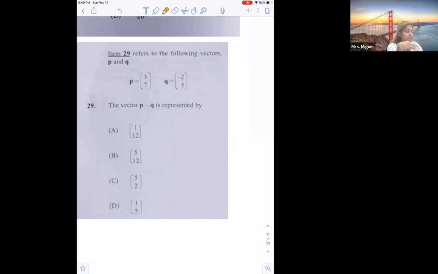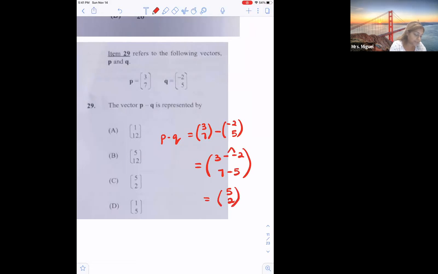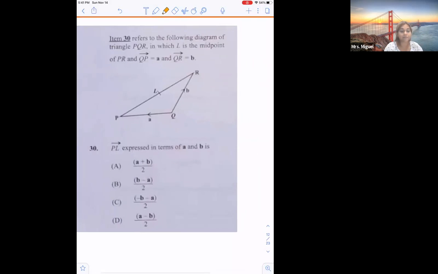All right, look at this. Number 29 is one that comes in different ways. It is the same P minus Q vector. So it's 3, 7, take away negative 2, 5. So 3 minus minus 2, 7 minus 5, this will form a plus. So 5, 2, the answer is C. And number 30 is a vector. We want to go from P to L, but L is the midpoint of PR.